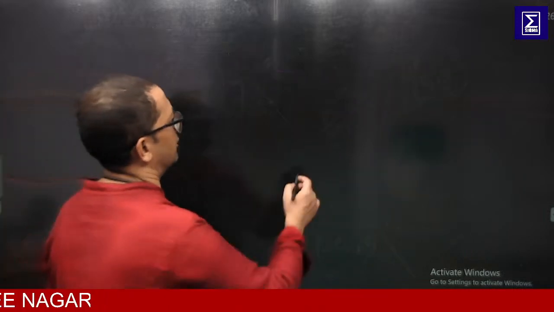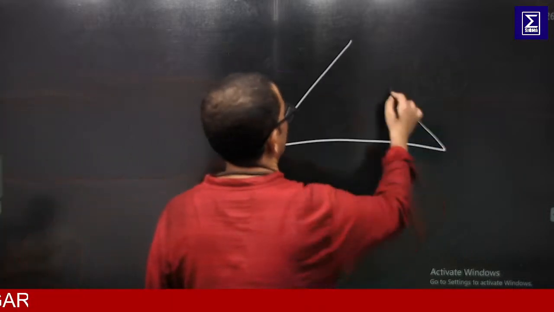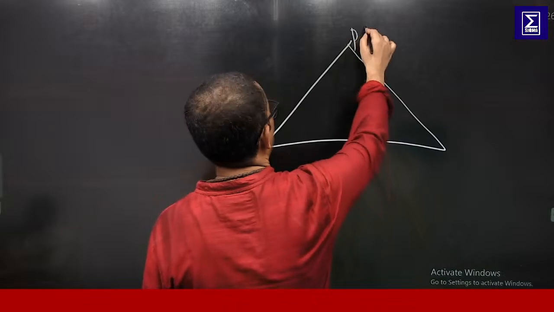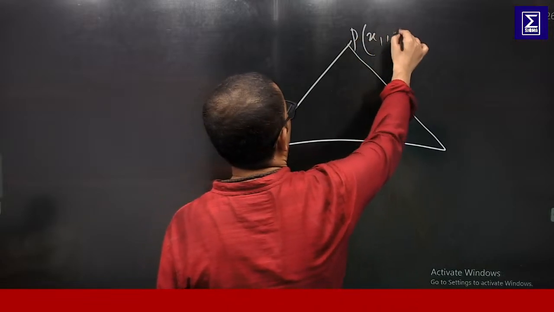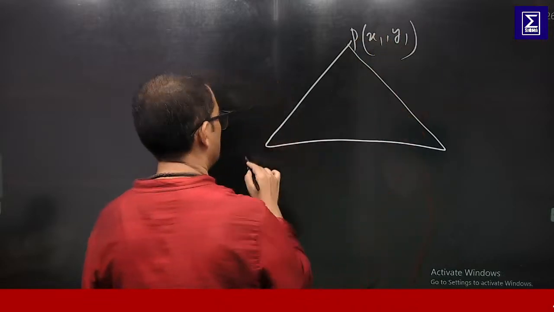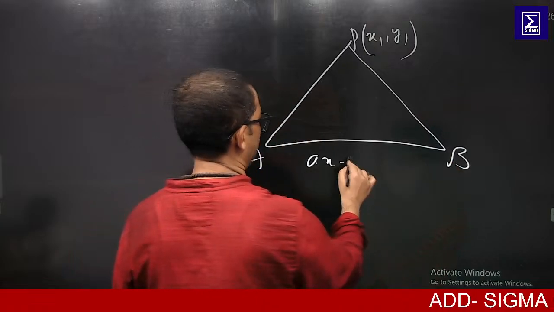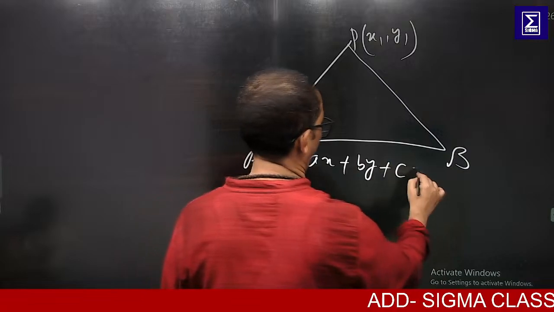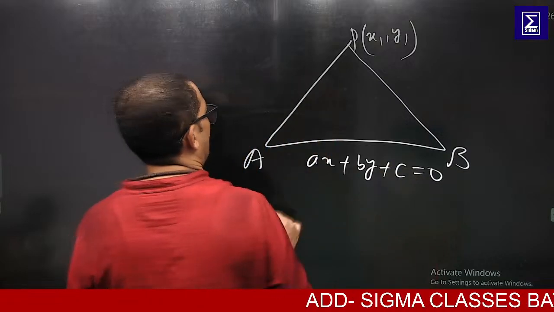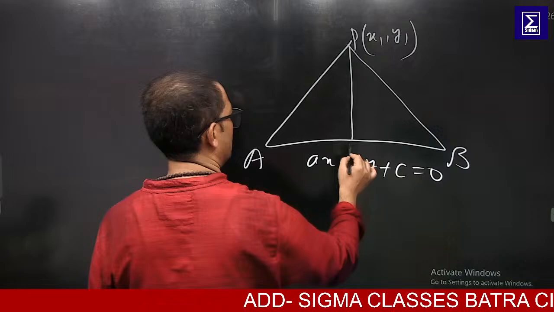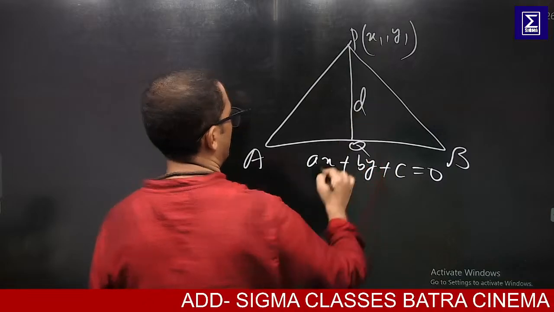So see it here. This is the triangle. This point is P, x1 comma y1. This is A, this is B. This is ax plus by plus c is equal to 0. This distance PQ is nothing but d.